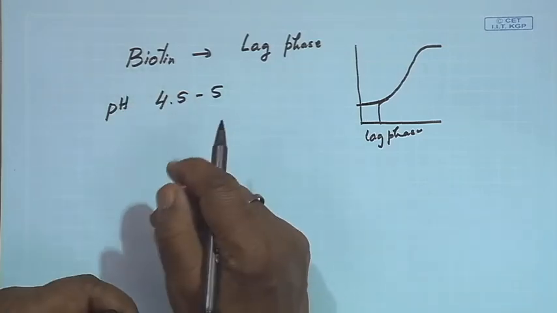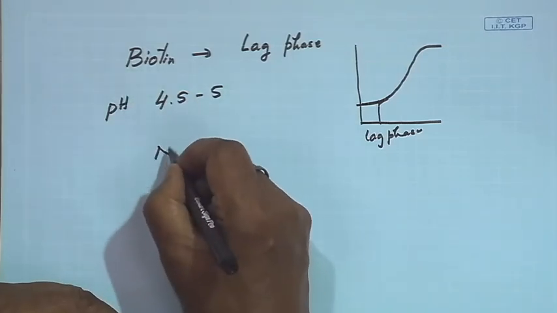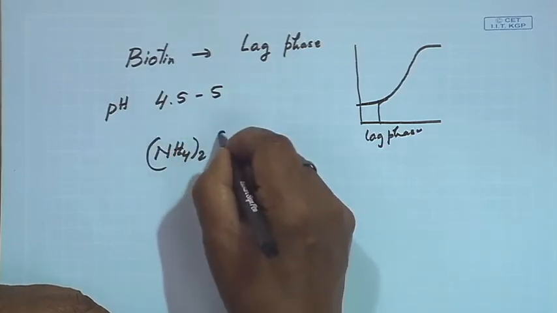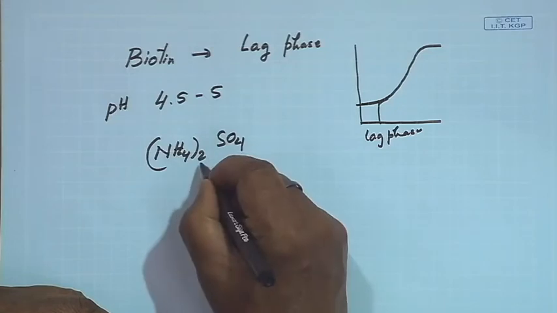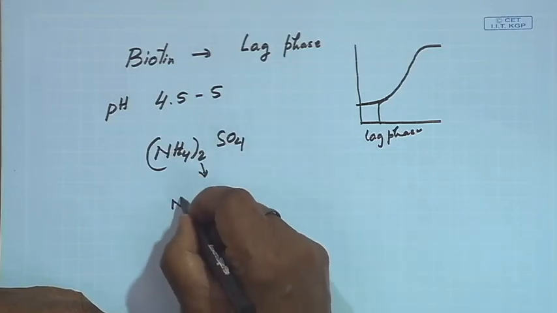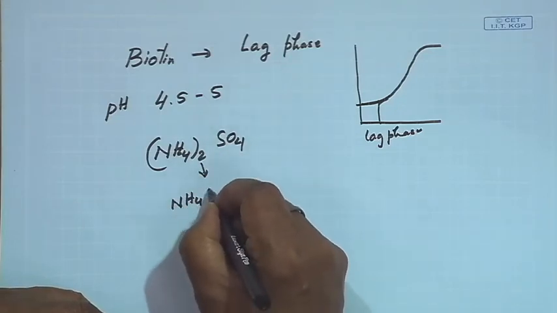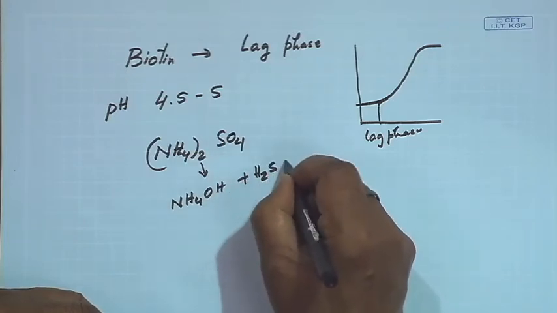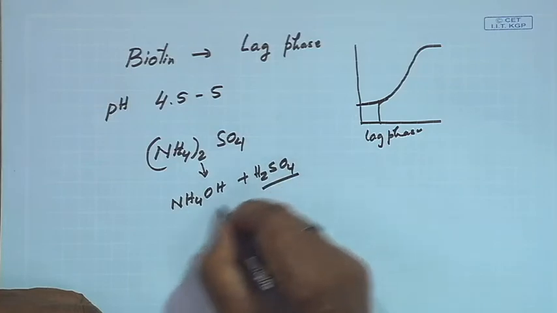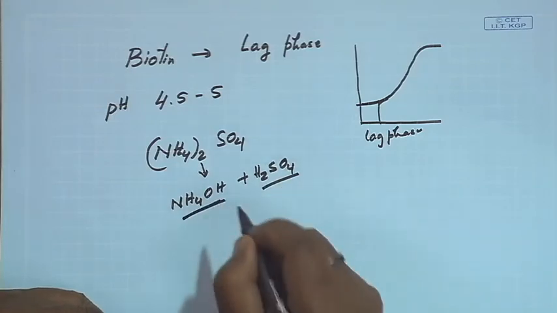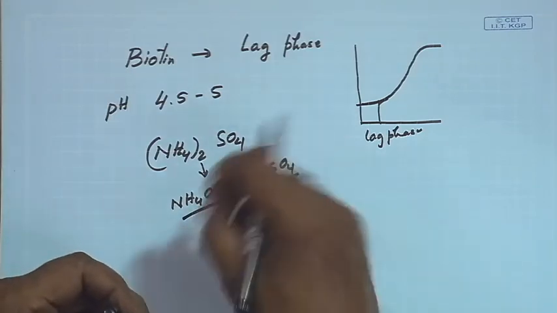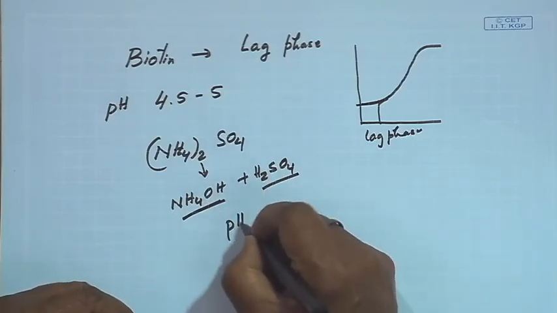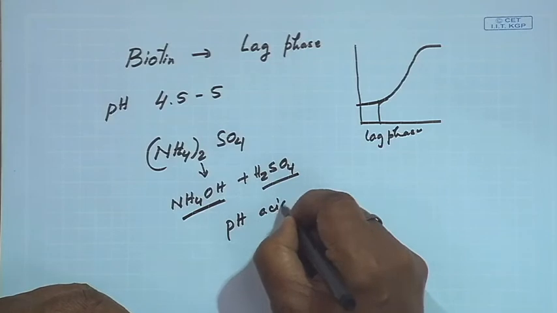Now diammonium sulfate is used. When you make a solution of diammonium sulfate, we get ammonium hydroxide and H2SO4. Since the H2SO4 is highly acidic, and this is the weak base, when you make a solution of ammonium sulfate, the pH will be acidic.